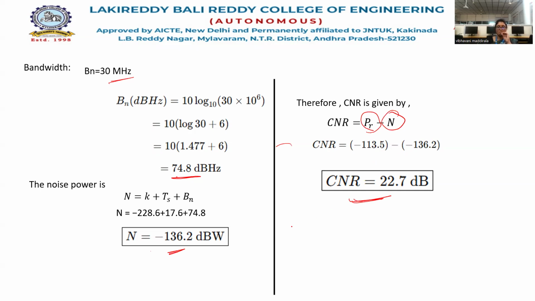But the required CNR is only 14 dB, and the obtained CNR is 22.7 dB. So we can say the C band is effectively working. In a clear sky case, using C band, the signals are effectively received by the receiving antenna.